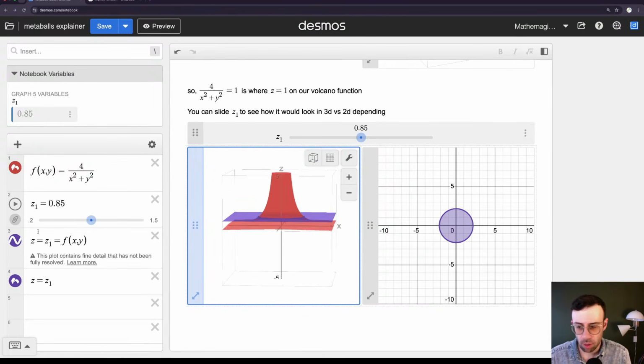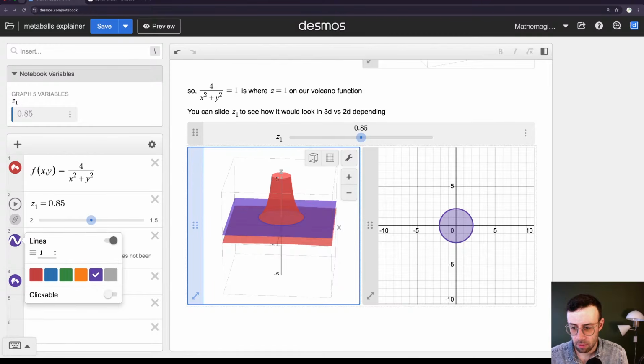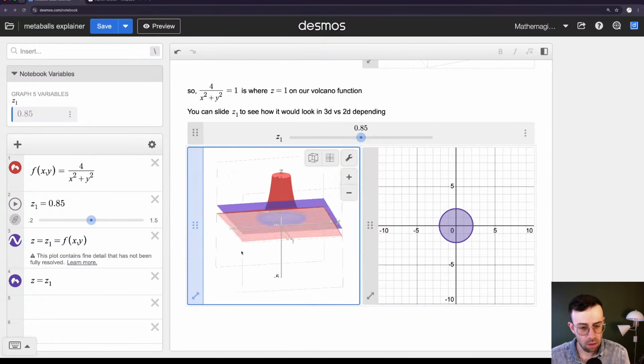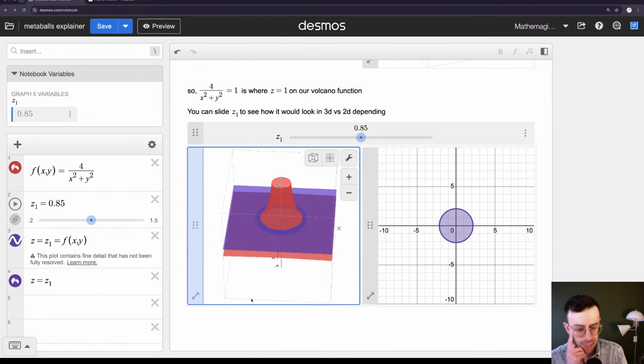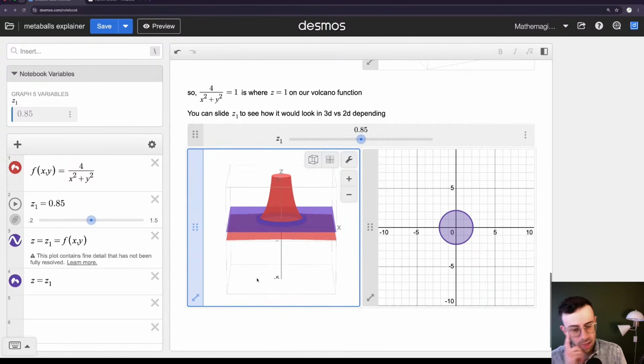I'm trying to decide what looks the best. I guess I could keep that like that and make this thicker. No. I just wanted to show that it's a slice of the Z. I kind of liked how when I did Z equals Z1, it does a slice of it.